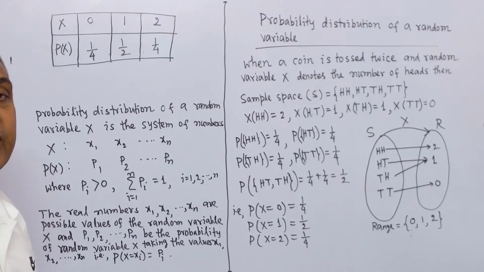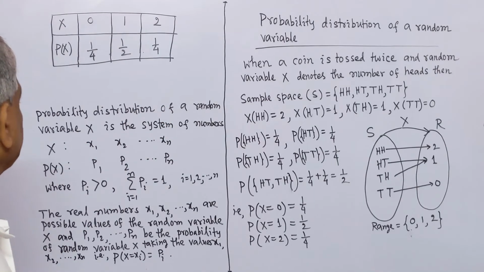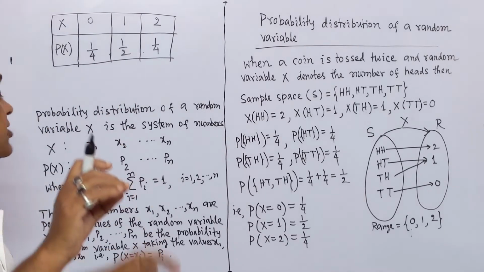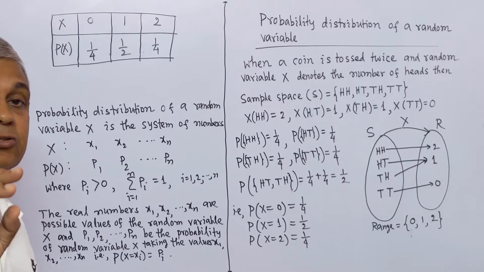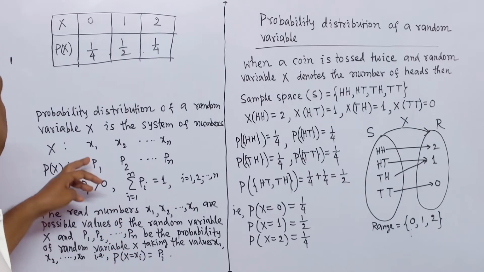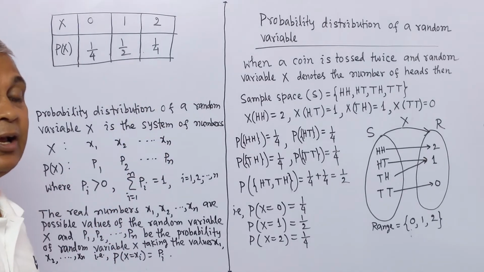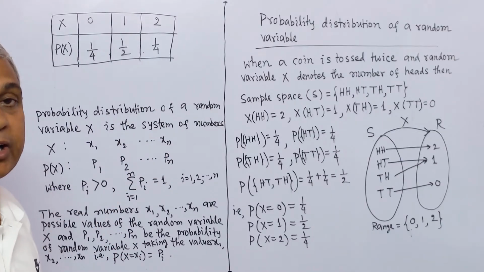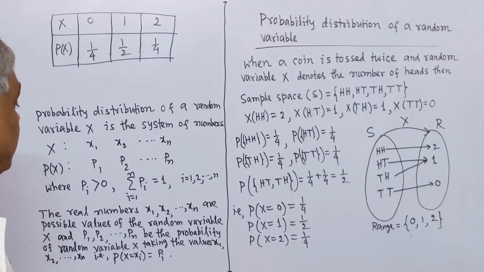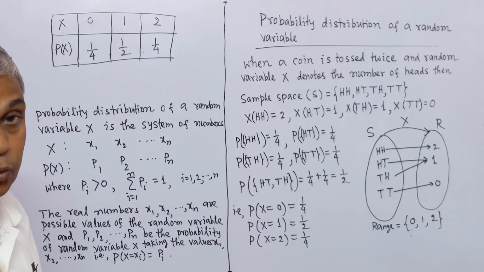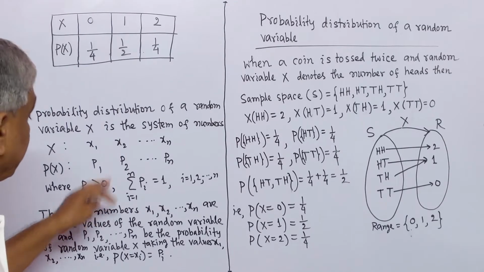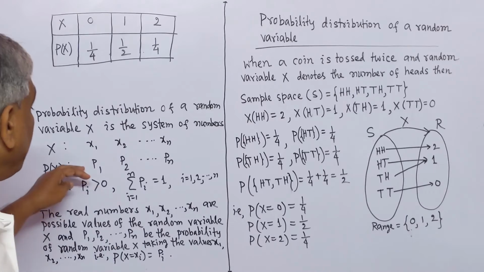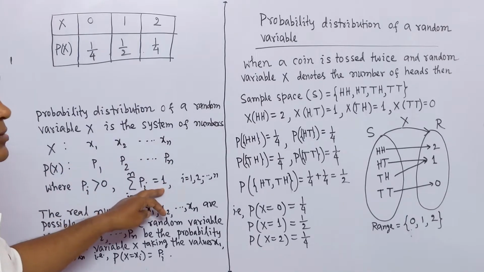The condition is that each probability pi is greater than 0 and the sum of these probabilities equals 1.